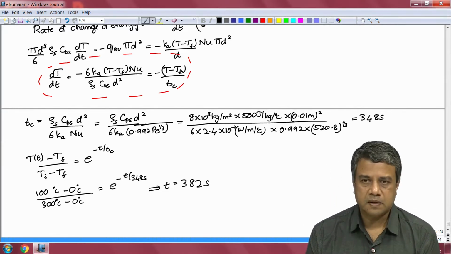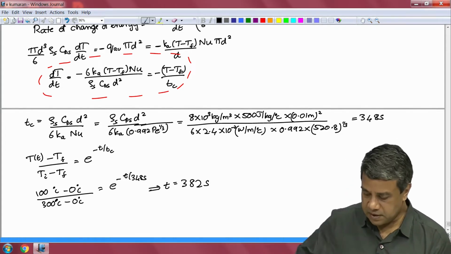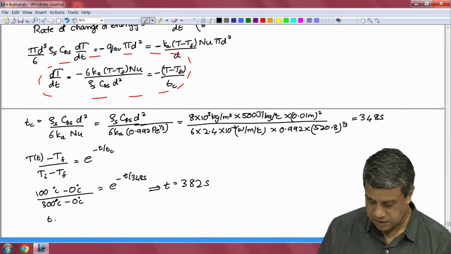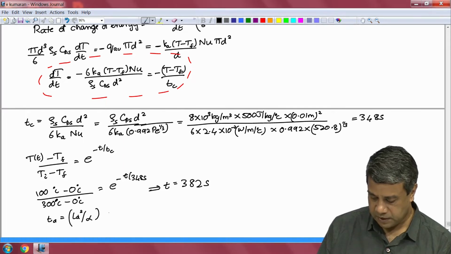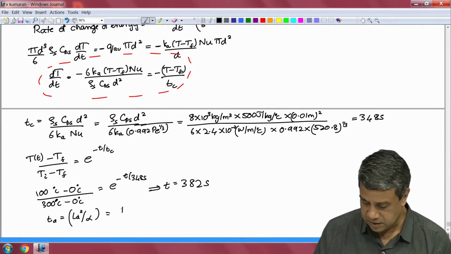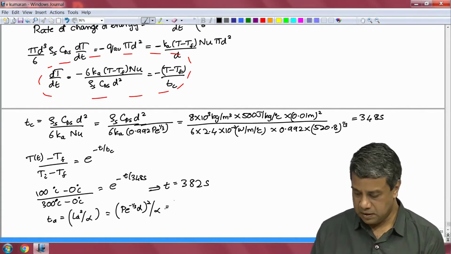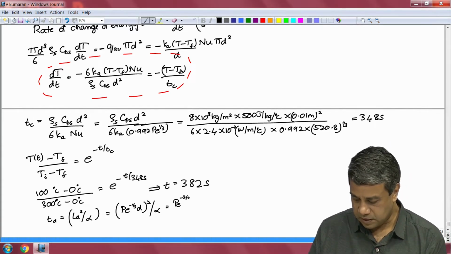So, this is an example of the time scale. Let us look at the diffusion time in this case, which will be equal to the diffusion length square by alpha, and the diffusion length I told you at high Peclet number for laminar flow goes as Pe power minus 1/3 times d, the whole square by alpha, which is Pe power minus 2/3 d square by alpha.